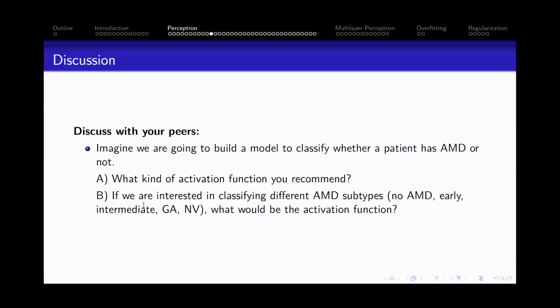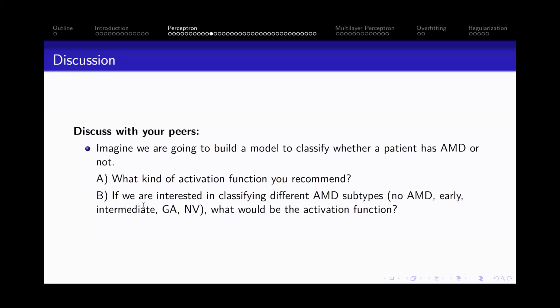Right now we are not looking at the class of those AMD cases. You also have a few images from patients with AMD, and a few images from patients with no AMD. What do you think would be the right activation function based on the previous slide we just discussed? Yeah, sigmoid, right? It's obvious. This is not a hard question. It's just to make sure we are on the right track and you are following this, right?